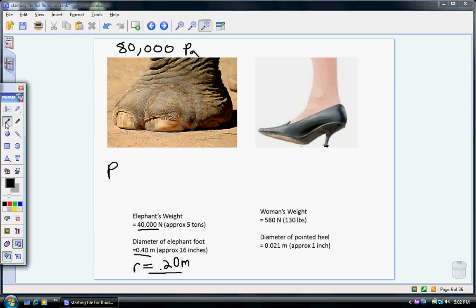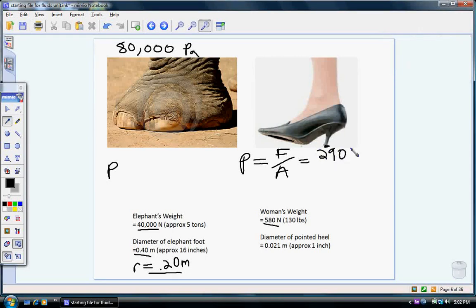Now, over here, the pressure is going to equal the force divided by the area. Again, let's assume that she's standing on her 2 heels. I know that's not including this part, but let's just say she's balancing on her 2 heels here. So basically, the 580 divided in half, what would that be? 290 newtons all over the area, which is 0.021 meters across.